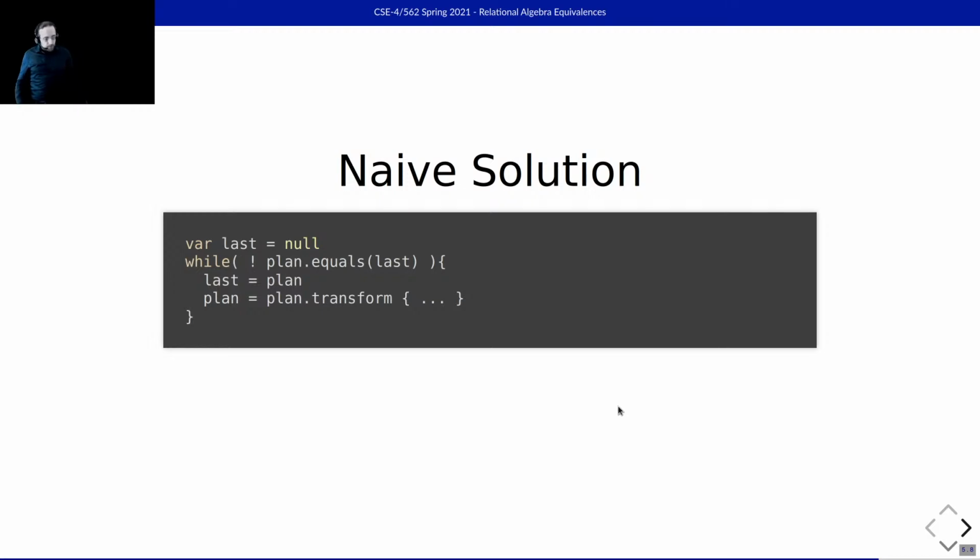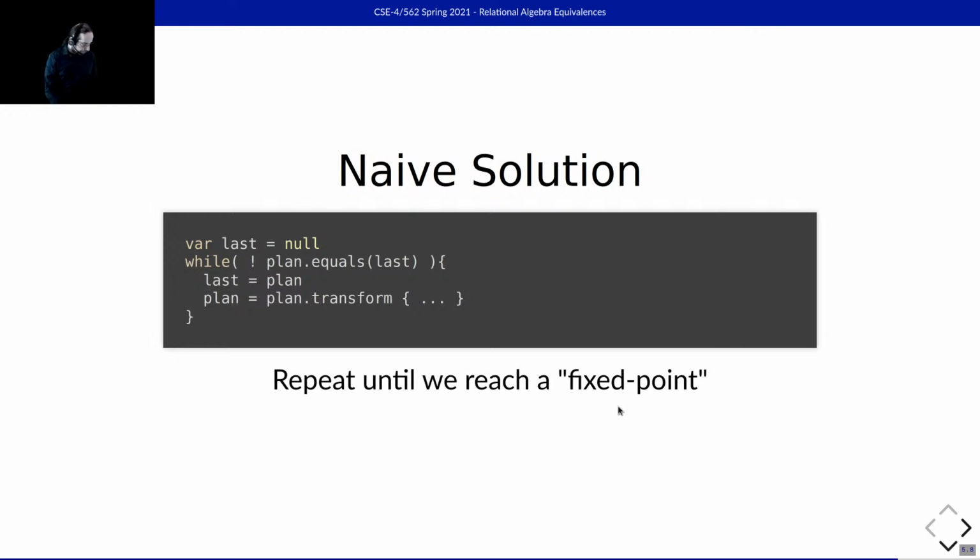There's a slightly more intelligent way of going about this in some cases. In particular, with selection pushdown, we're always taking a selection operator and pushing it down within another operator. So the new opportunities for applying selection pushdown are always going to be below the original rewrite.